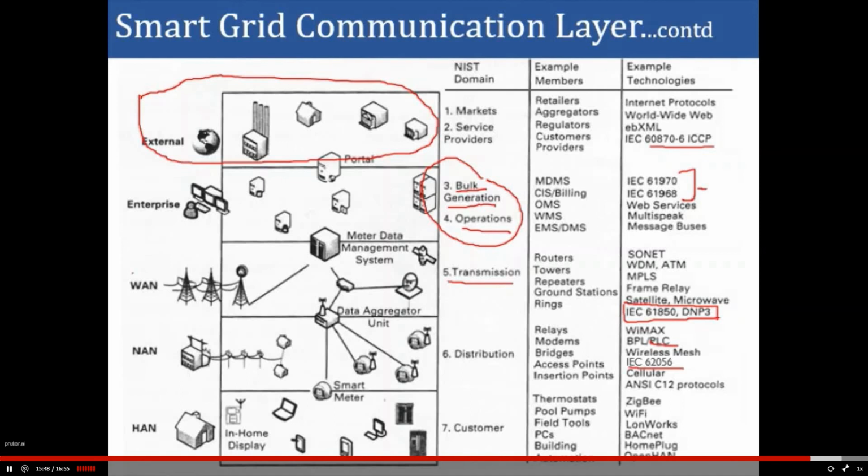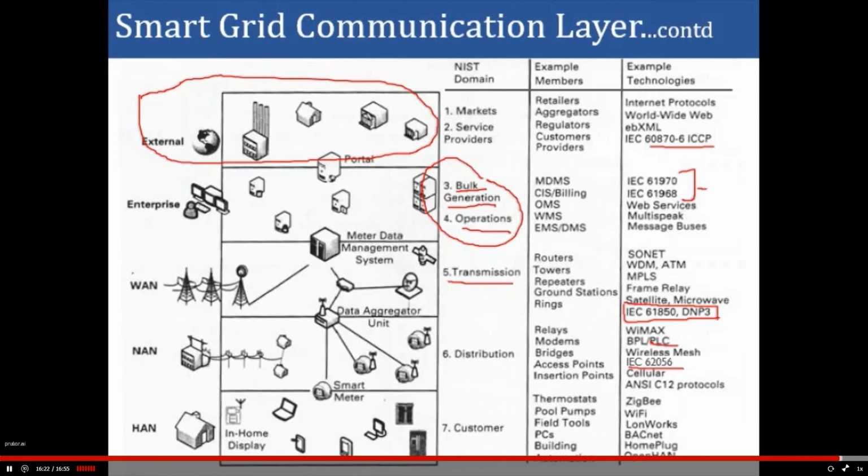So basically, if you see the complete communication architecture, you will come to know that at various layers we use various technologies depending upon the area where the information is being collected. The information is collected or generated at the house area level, then it travels to the neighborhood area network, then the wide area, then the enterprise.